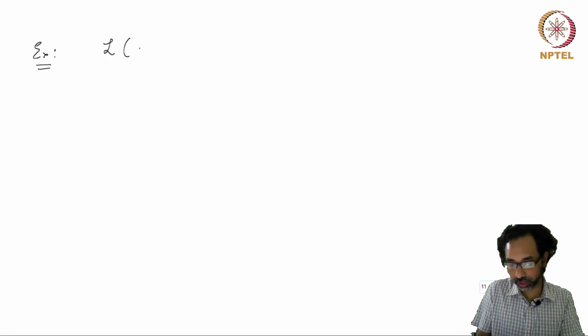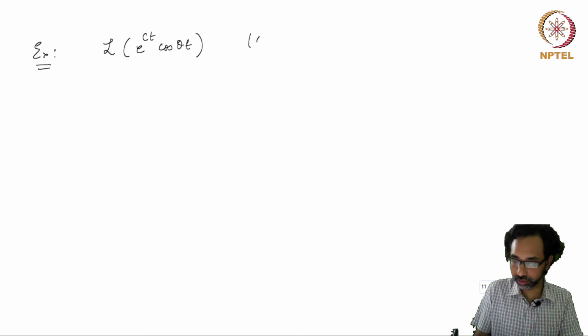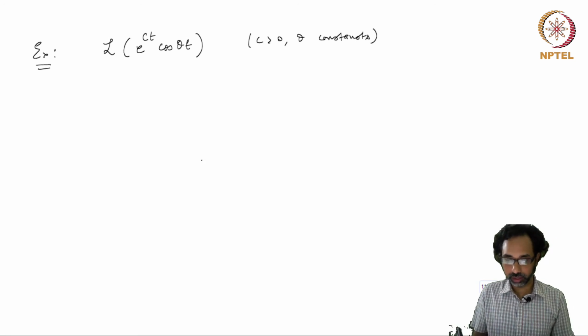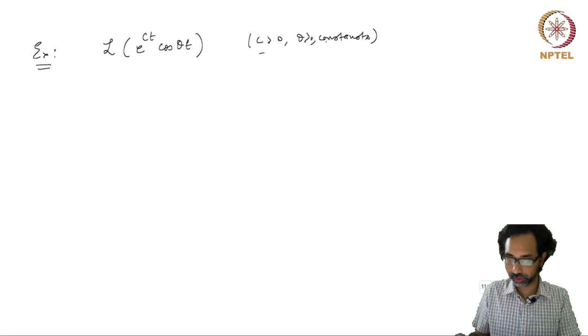So let's compute the Laplace transform of e to the power ct times cos theta t, where c and theta are real constants. We are assuming both to be greater than 0.